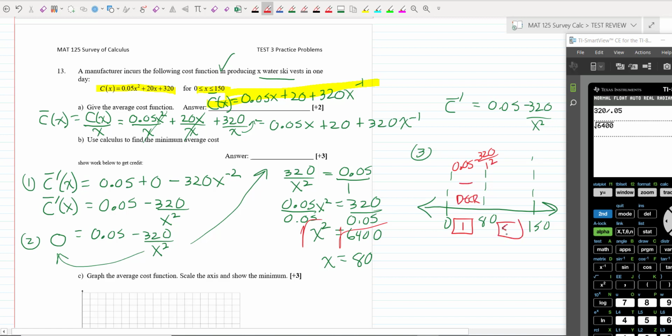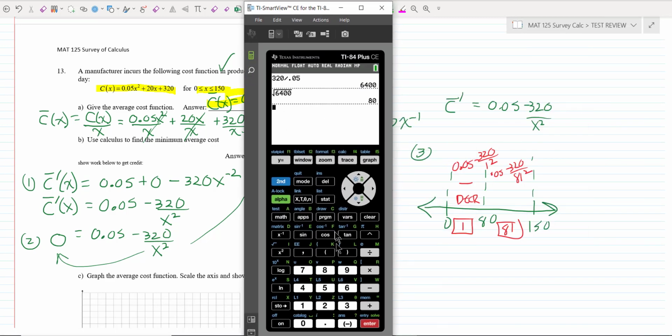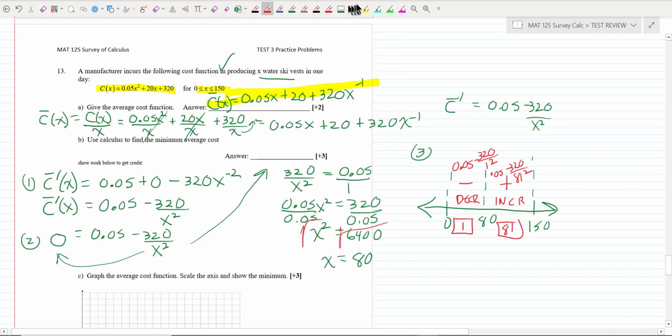If you plug in 81, you can do this on your calculator too, you would have 0.05 minus 320 over 81 squared. That's kind of hard to do in your head, but let me show you what happens. So 0.05 minus 320 divided by 81 squared gives a positive. That means the function is going to increase. So you're going to have a function decreasing, hitting the low point, and then increasing like that. So yes, we do have a minimum that occurs there.